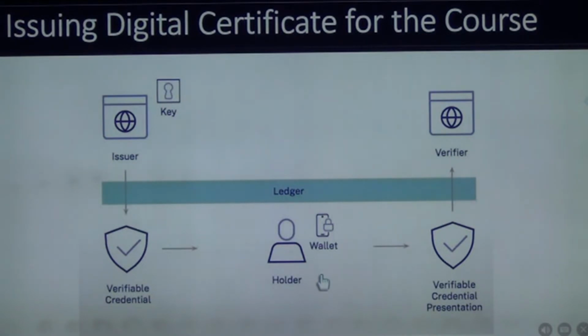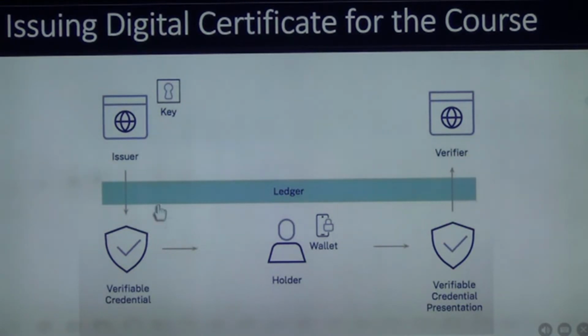So we will develop an application, Android or iOS, that you install in your mobile, and that converts your mobile into an identity wallet. So you invoke that application because we have developed it.